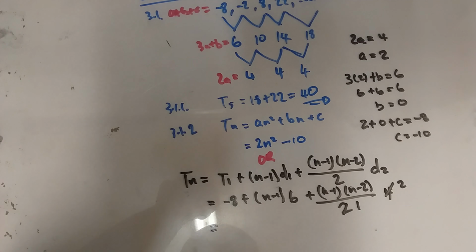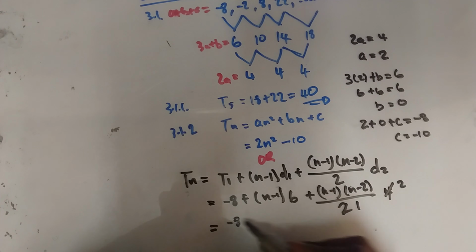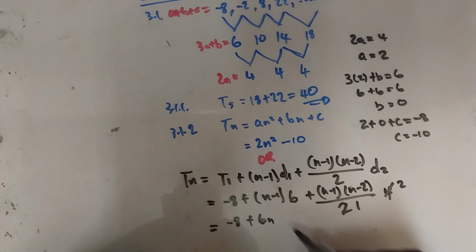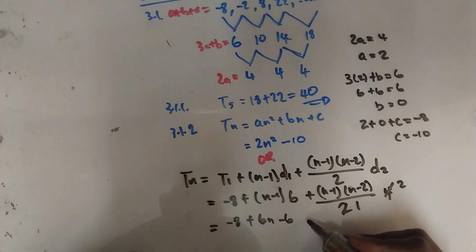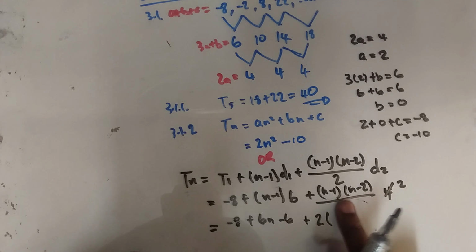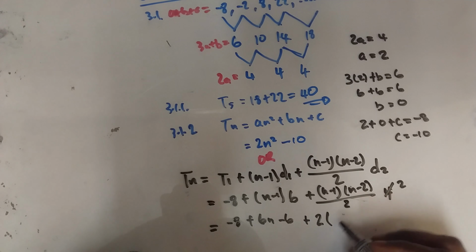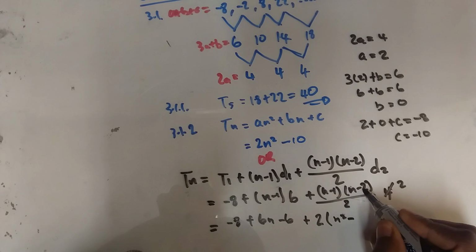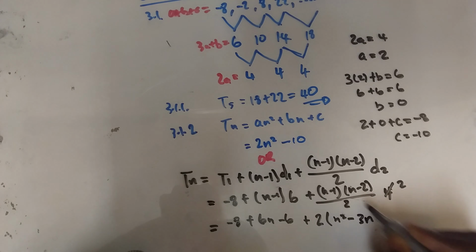Then what we are going to have here is negative 8 plus 6n minus 6 plus, now let's have this 2 here, and then let us expand this. We're going to have n squared minus 2n, minus n, plus 2, minus 3n plus 2.